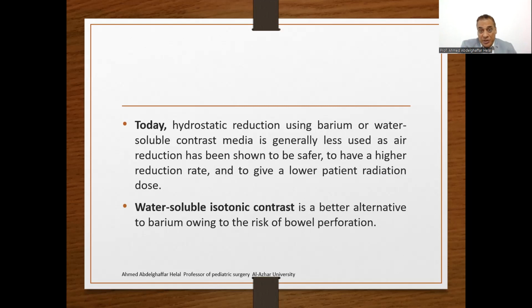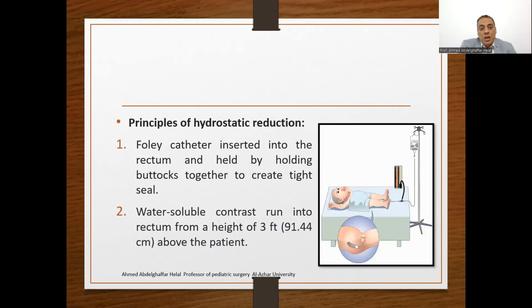If bowel perforation happens, there will be inflammation of the peritoneum, meaning if we use barium. However, water-soluble contrast will be more tolerable and better if perforation happens. Principles of the present hydrostatic reduction include that a Foley catheter is inserted into the rectum and held by holding the buttocks together to create a tight seal to prevent leakage, and that water contrast runs into the rectum from a height of about 3 feet, 91.44 cm above the patient.